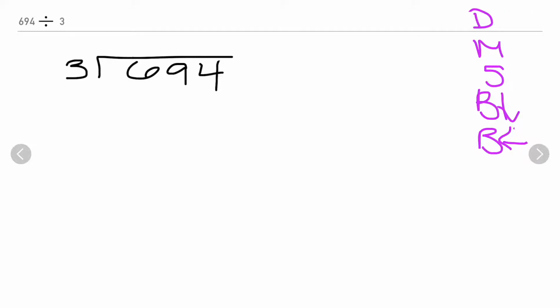Divide. I'm dividing 3 into 6. How many times does 3 go into 6? That's right, 2 times. Don't forget to check off division after you've used it, just so that you know what step comes next. What do I do next?